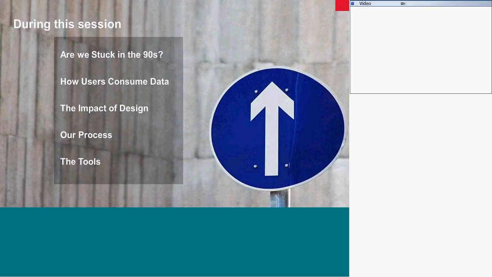Are those designed for the current day user, or maybe for users of 10, 15 years ago? Because the way in which users these days expect to consume their data is quite different. The functionality they expect and also the performance they expect has changed a lot. And so we need to keep up to date with that.